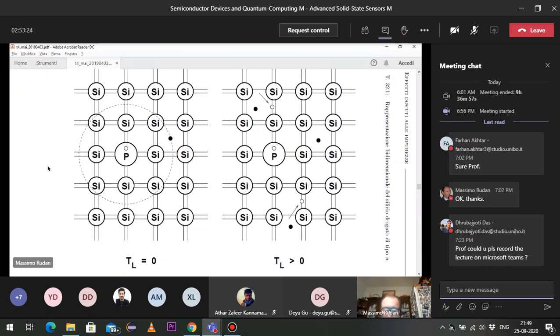Another thing is that at room temperature, 100% of the phosphorus atoms will release one electron, and nothing more. It's impossible for the phosphorus atom to release 2 electrons, for instance.